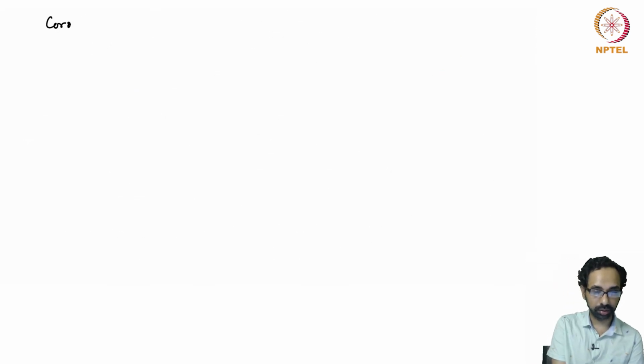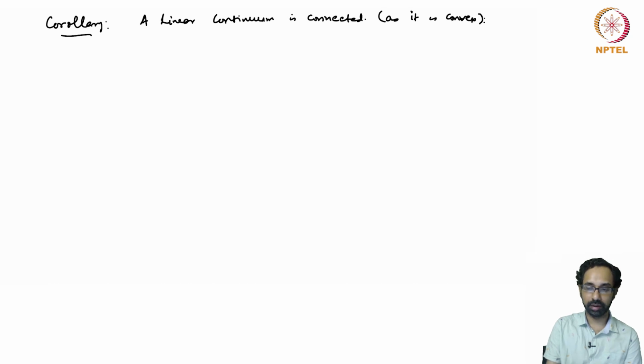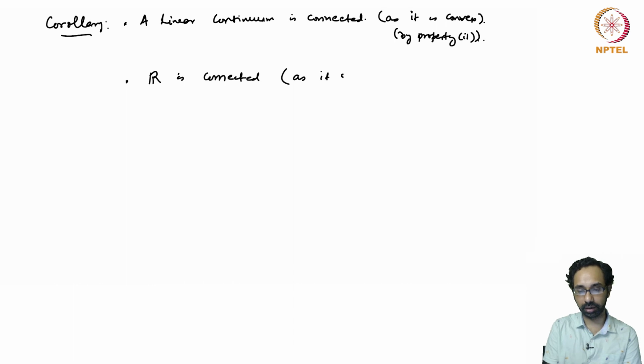A linear continuum is connected as it is convex, by the second property of the linear continuum, and also the real line is connected as it is a linear continuum.